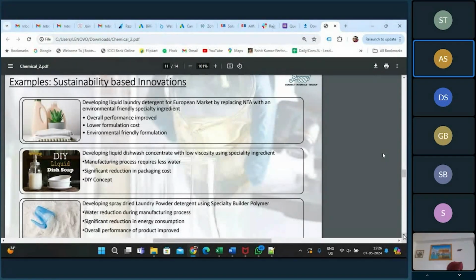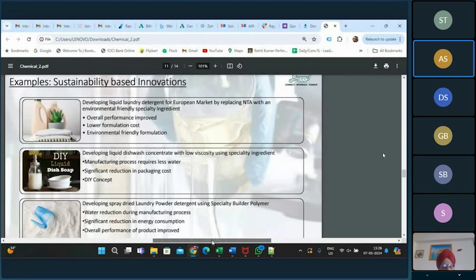NTA, which is being used at up to 15% in the formulation, was replaced by the specialty ingredient at a 0.5 to 1% range. We were able to bring almost equivalent performance. The formulation cost was much lower, and this was an environmentally friendly formulation.